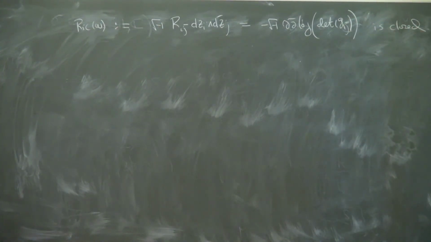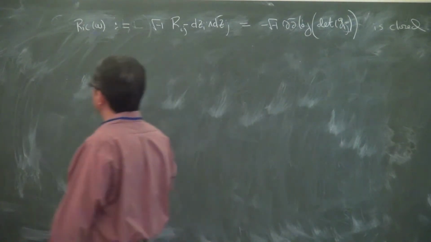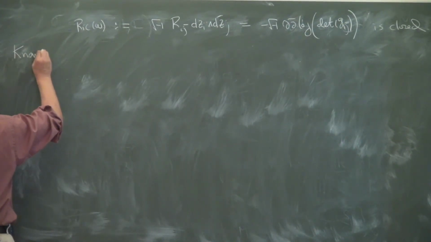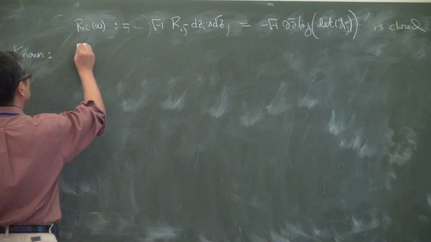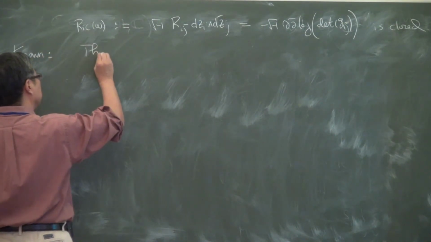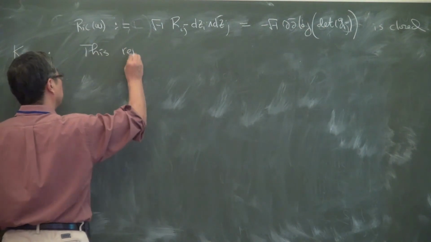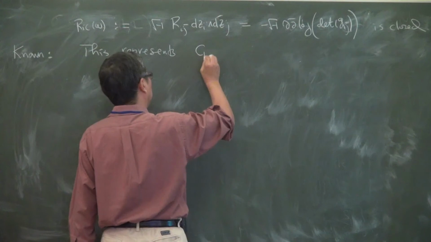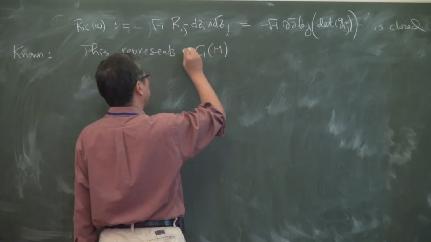It's closed. So in cohomology theory, this represents the first Chern class, or maybe 2 pi of that.